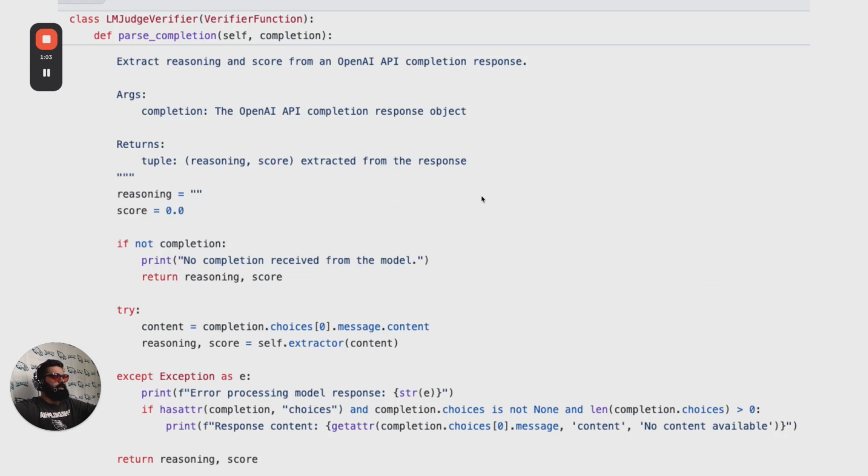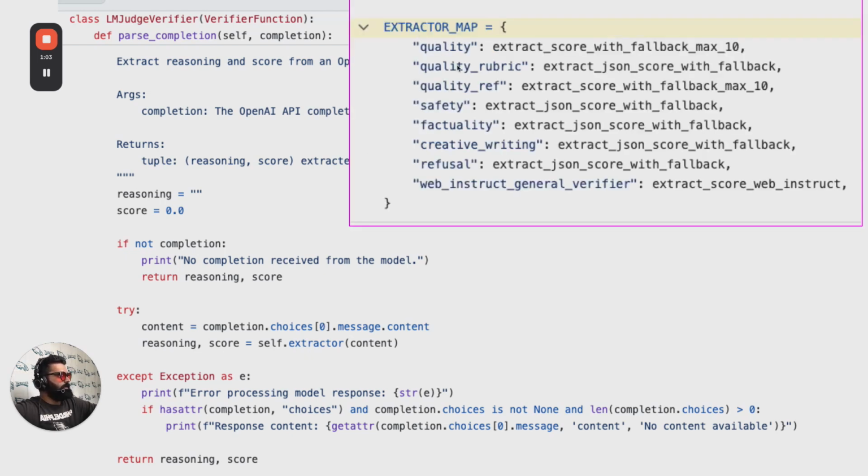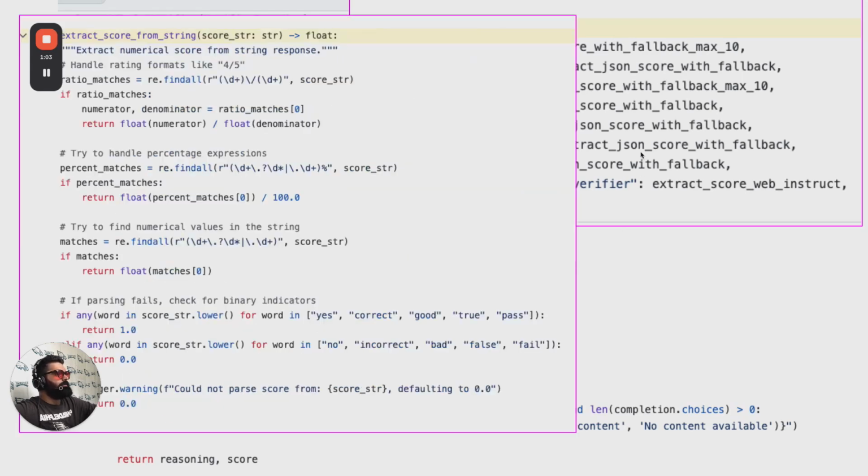This is an example of one of their verifier functions. It has a parse completion method that extracts the reasoning and score from an OpenAI API completion response. And if there is a completion, it grabs the message content and passes it through this extractor, which returns reasoning and a score. If we look at the extractor, it is any number of functions based on the goal or based on what's being checked.